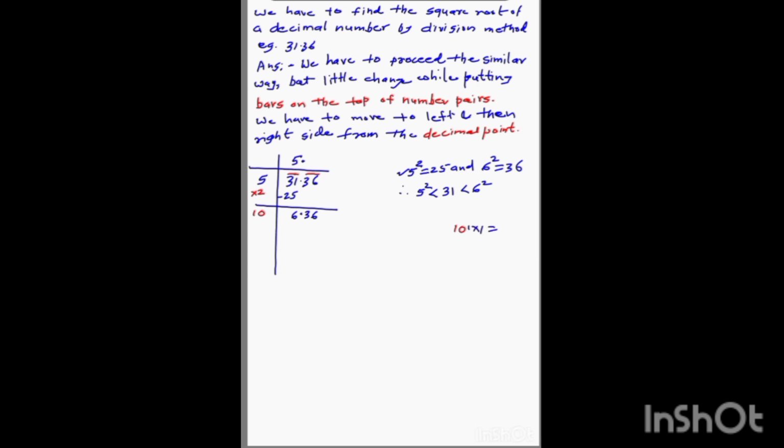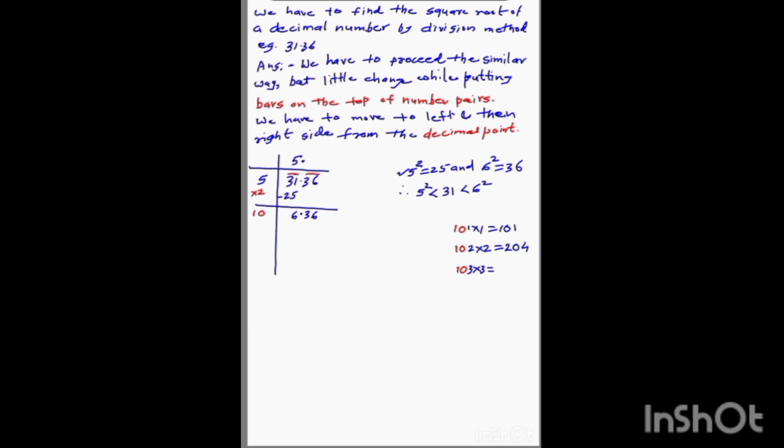Remember how we do the division method: 101 into 1, 102 into 2, that is 10 will remain as it is, 2 into 2, that should be 204. Then 103 into 3. Like that, this method is very easy to understand.